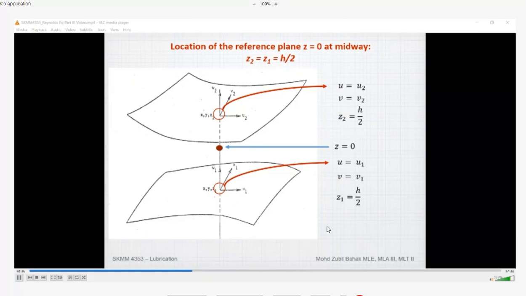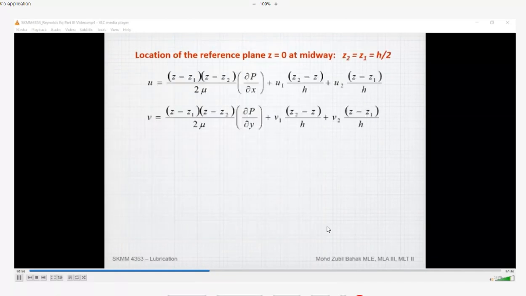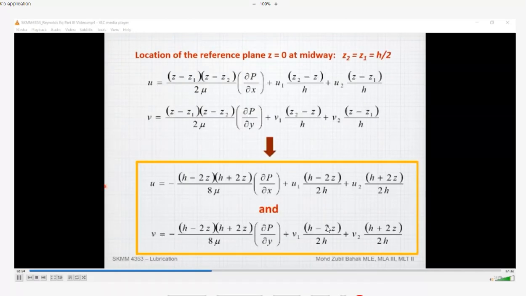Using all 3 boundary conditions, we put them back into the general equation that was previously defined in the part 2 video. And from there we found the velocity profile for this particular z-axis starting at the center of the clearance.